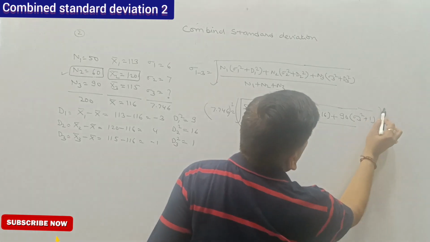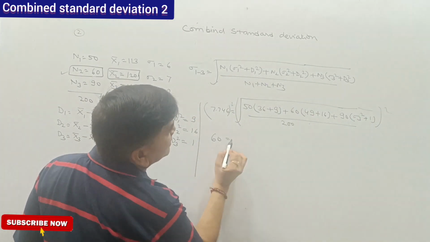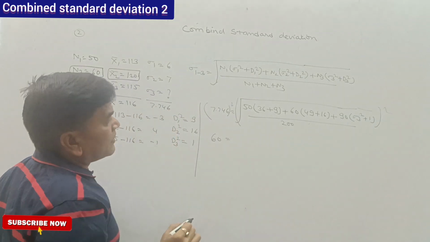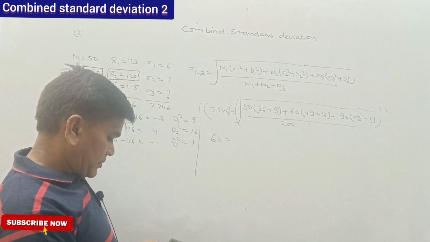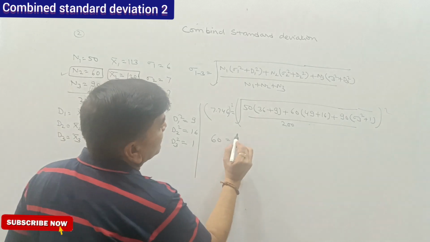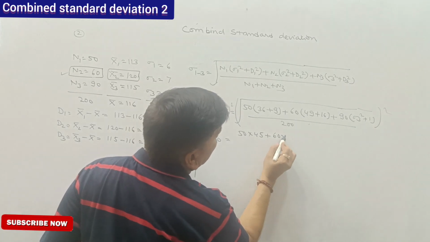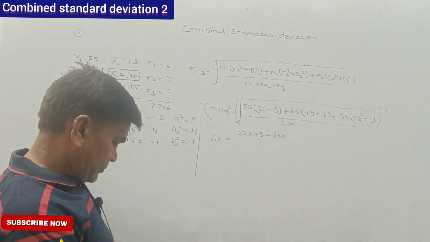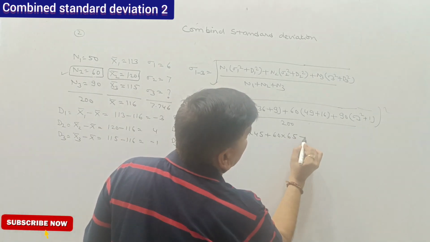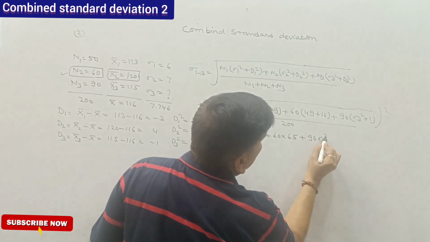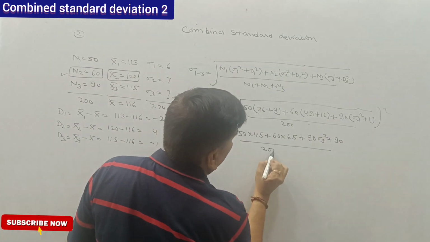So 60 is equal to 50 multiplied by 45, plus 60 multiplied by 65, plus 90 standard deviation 3 square plus 90, divided by 200.